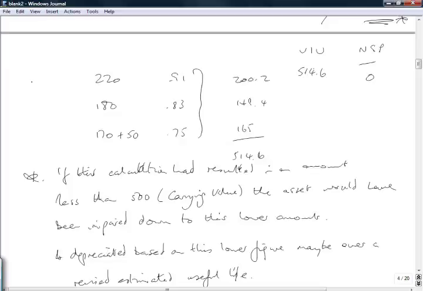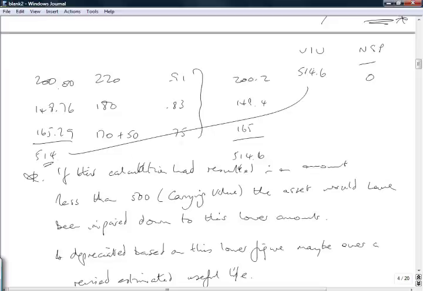That would be 200 exactly, and that would be 148.76, and that would be 165.29, for 514. There's so little difference in it.